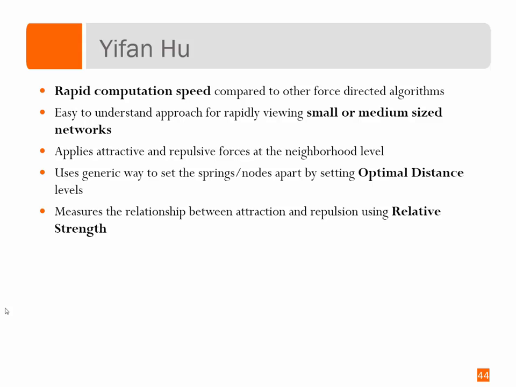It applies attractive and repulsive forces at the neighborhood level and uses a generic way to set the springs and nodes apart by setting optimal distance levels. It measures the relationship between attraction and repulsion using relative strength. So it's going to be basically netting those two.